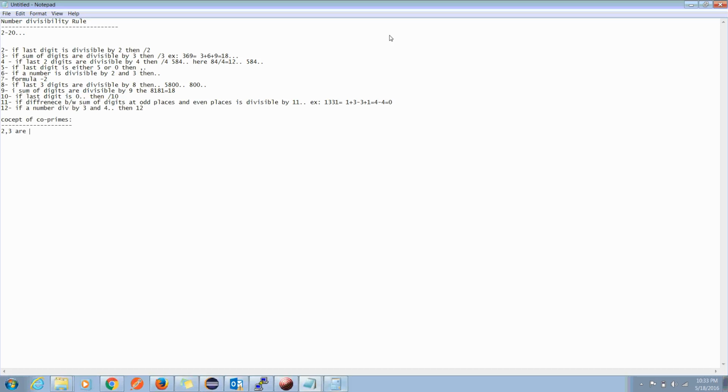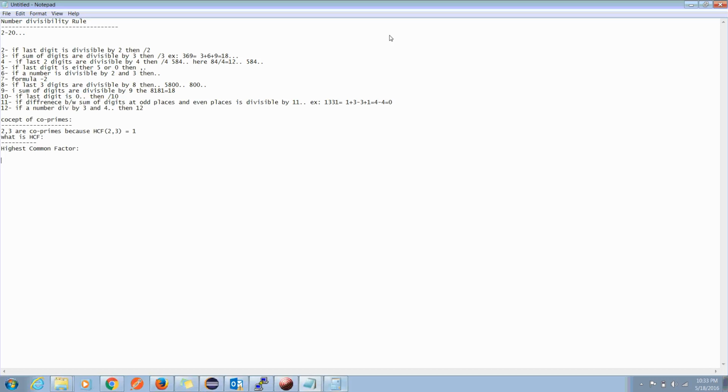2 and 3 are coprimes because the HCF of 2 and 3 is 1. What is HCF? HCF is highest common factor. What is the highest common factor?